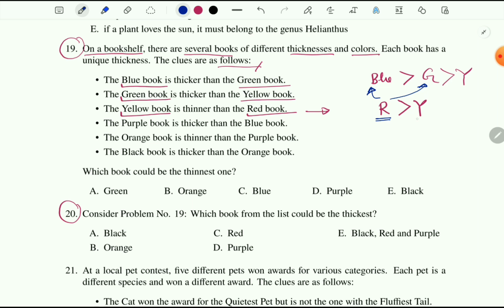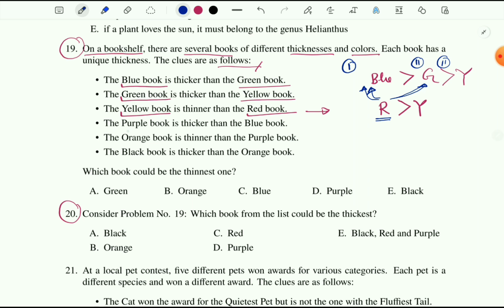Red is thicker than yellow, that's right, but it could be thicker than green too, or thicker than blue too. So the red book can be in the first, second, or third position. These three positions could be the position of the red book.